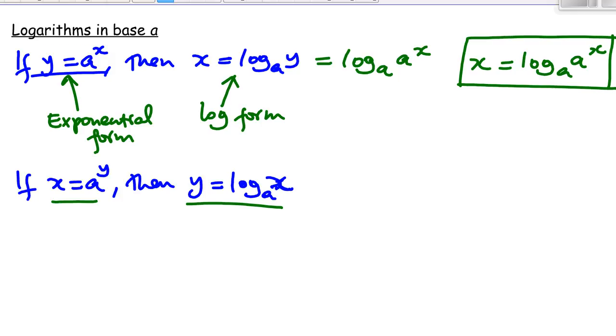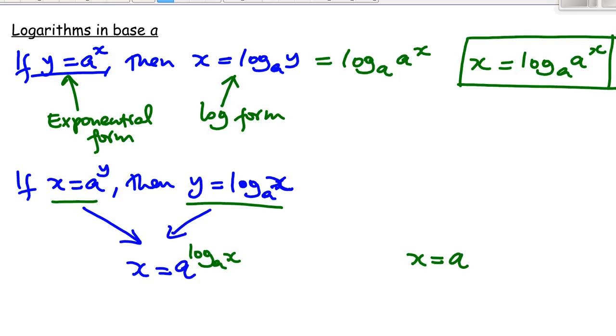So then we can say that, bringing these together, x is equal to a to power whatever y is, and y is log to base a of x. This is a very important result. So we say x is equal to a to power log to base a of x.